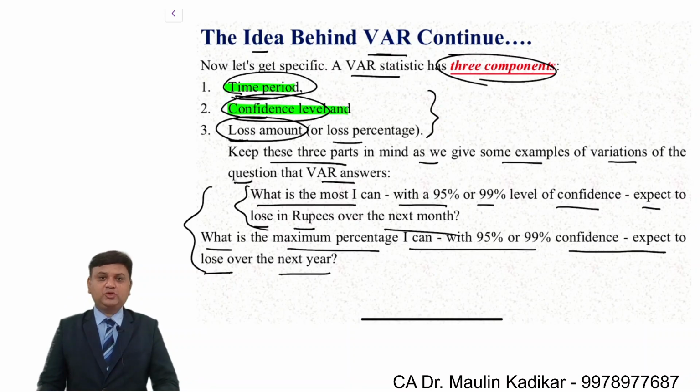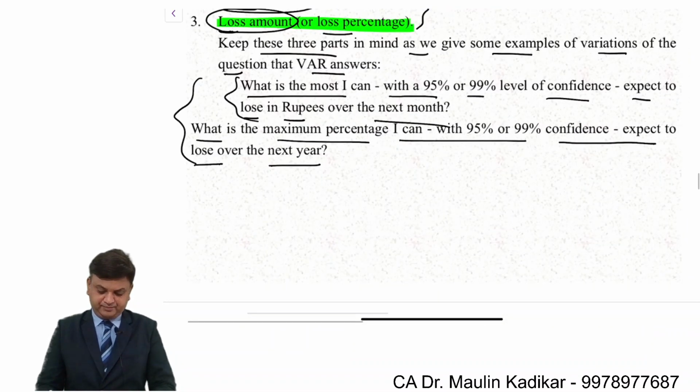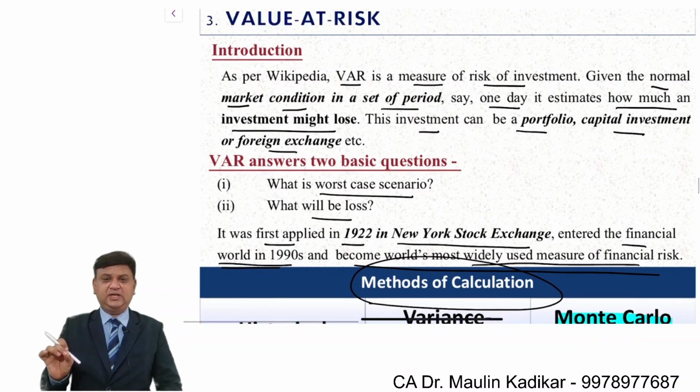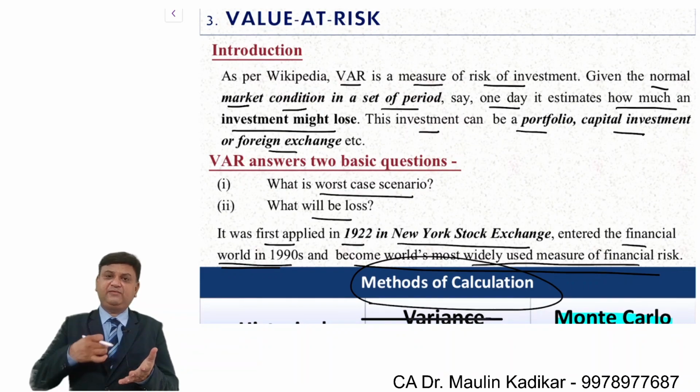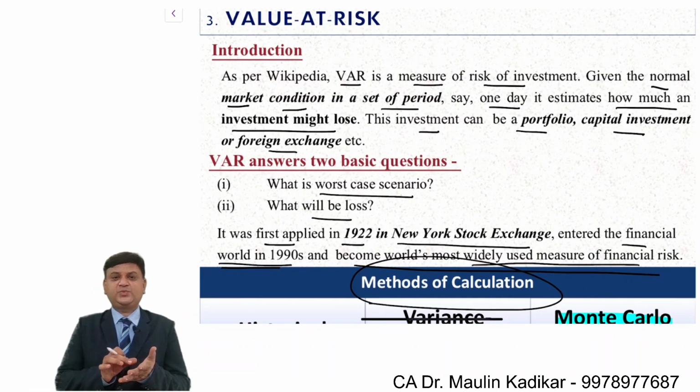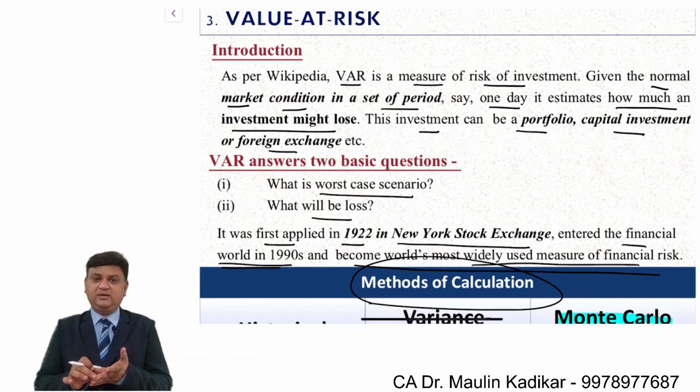It will give the conclusion for a specific level of confidence, as a loss in amount terms or loss in percentage terms. So VAR will answer a simple question: what is the maximum loss that I will incur in a given time period? That is what VAR is indicating. That loss may be in rupee terms or in percentage terms.